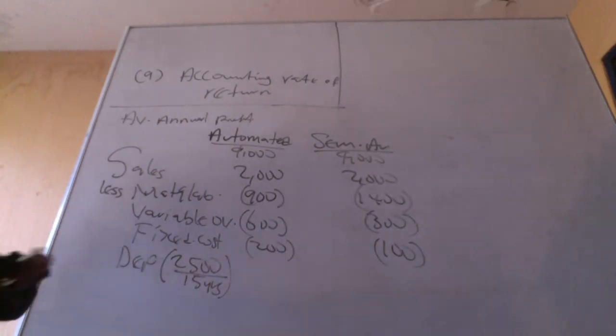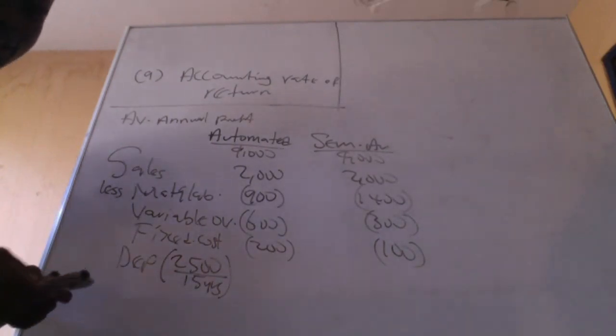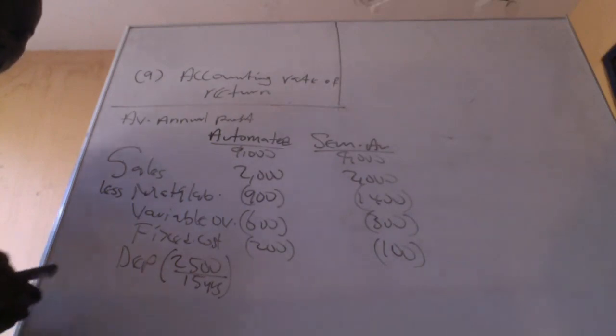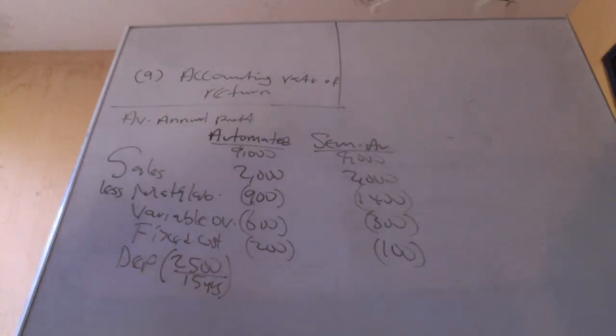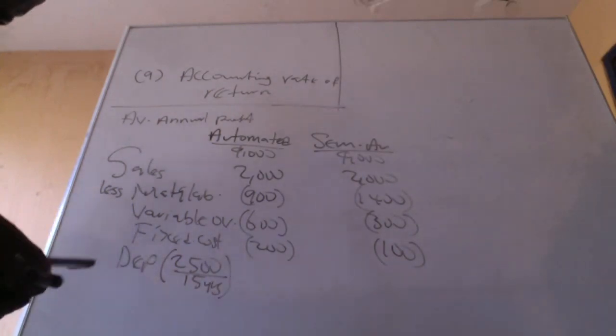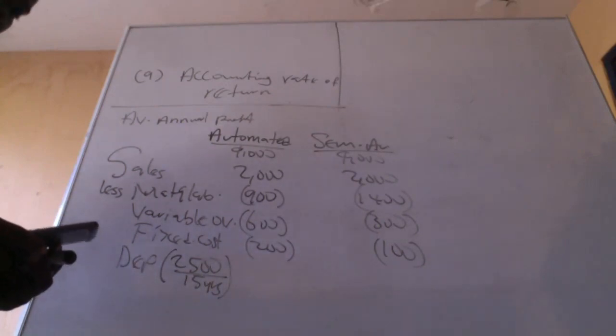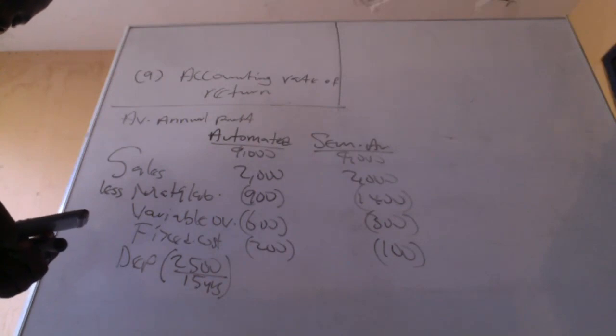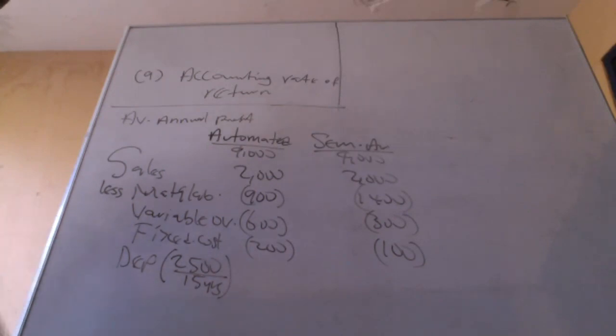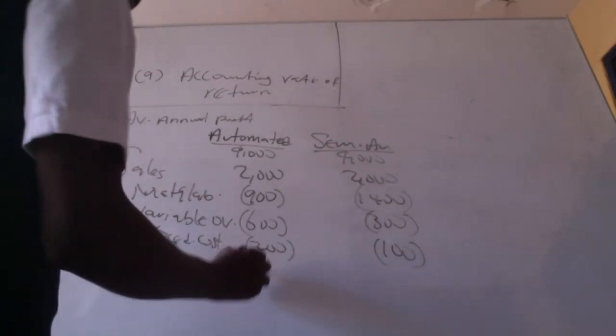Please, if your answer is ready, let me have them. 2,500 divided by 15 gives 166.67.